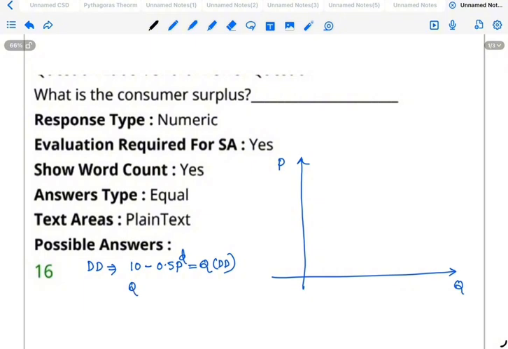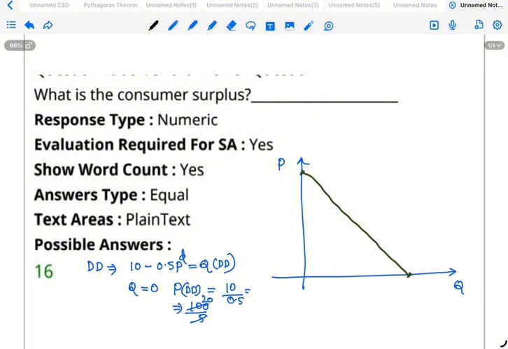When Q equals 0, PD is 10 divided by 0.5, that equals 100 by 5, which is 20. The demand curve is always downward sloping.